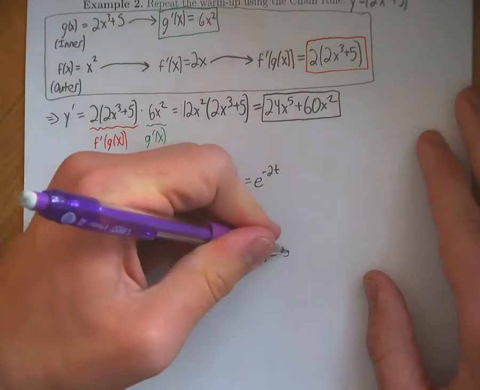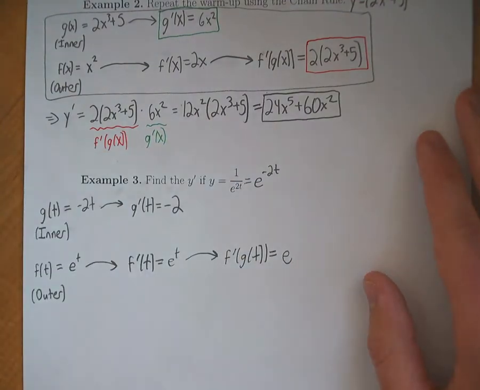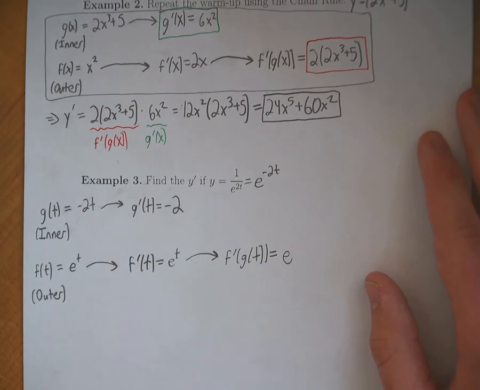E to the, so what would f prime of g of t be?